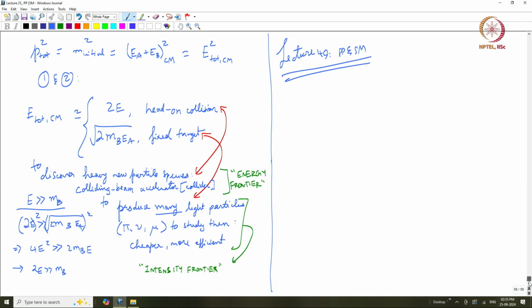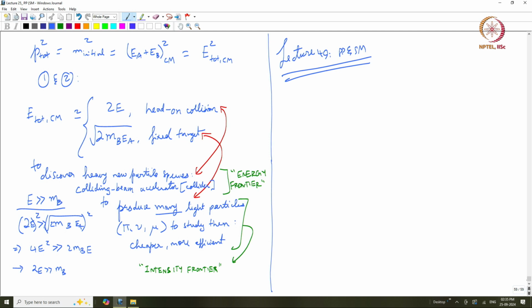So that's what we got to last time, and that showed us this scaling between the total center of momentum energy and the total energy in each beam. For a head-on collision, the scaling was linear, and for a fixed target, the scaling goes as a square root, with the mass of the target compensating for the dimensions.